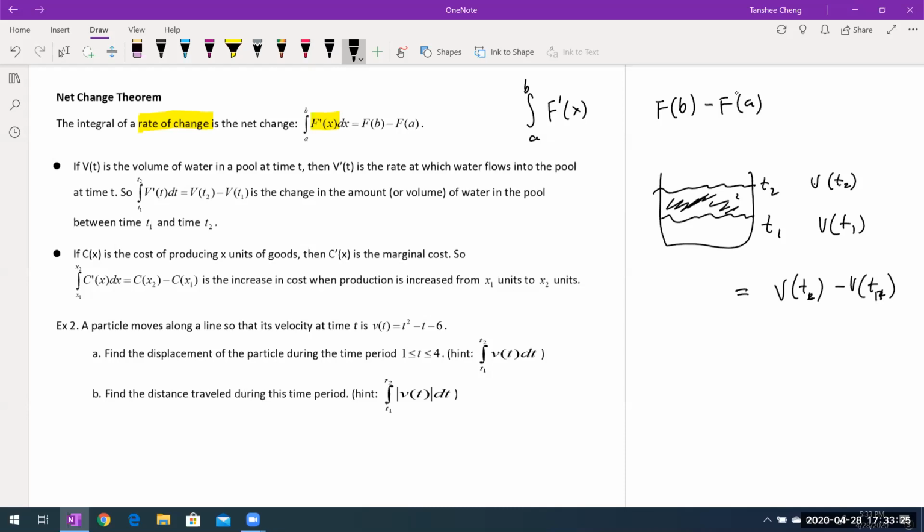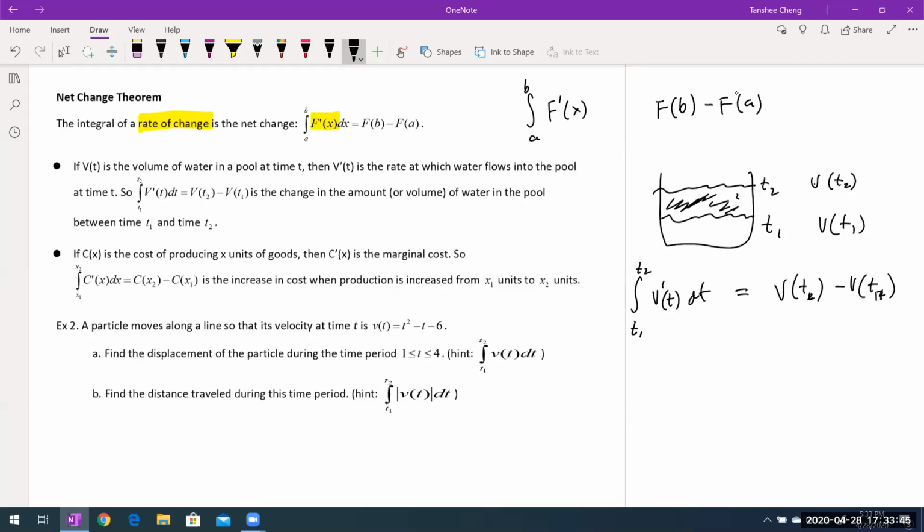But this is the same thing as taking the integral from t sub 1 to t sub 2 of the rate that the water is pouring into the pool. So that's the net change theorem. That's what we're talking about right here.